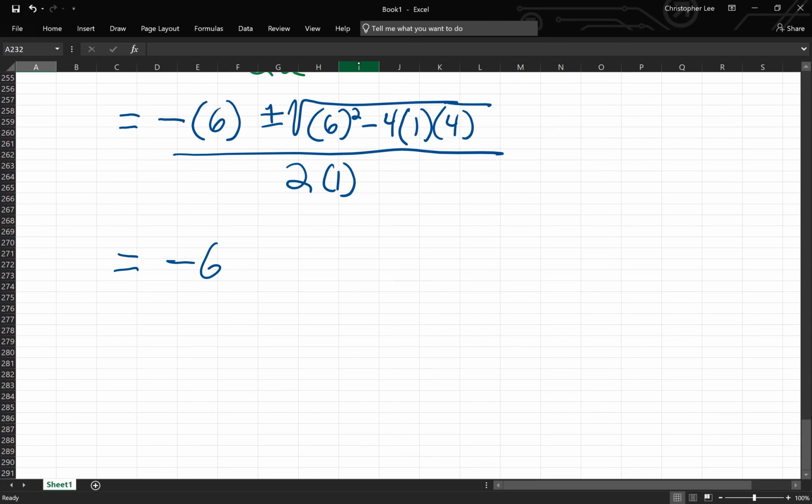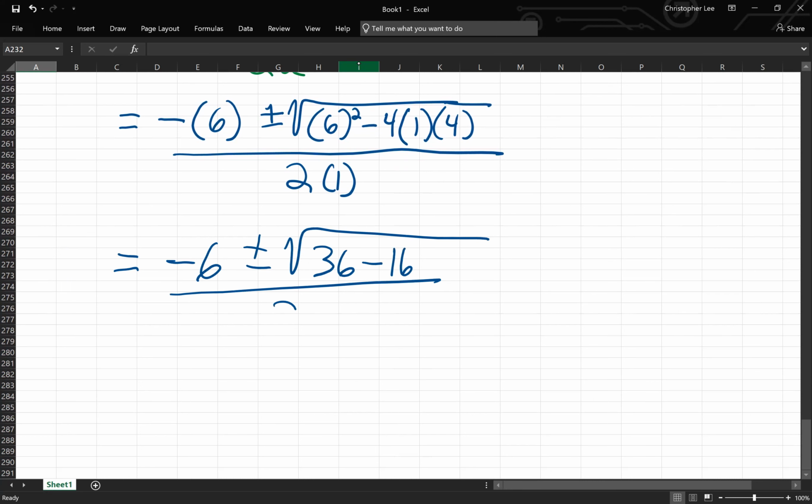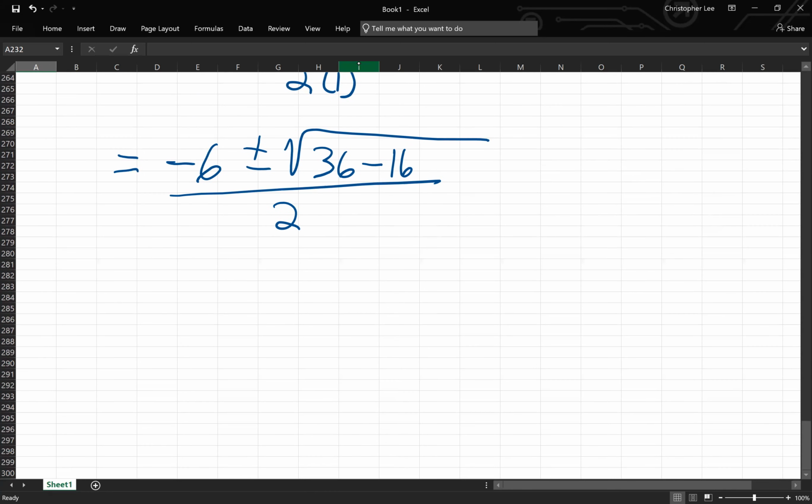This is going to be negative 6 plus or minus the square root of 36 minus 16, all divided by 2. And when we do the math, this becomes negative 6 plus or minus square root 20 over 2. And then you already know we could break down square root 20 into what?